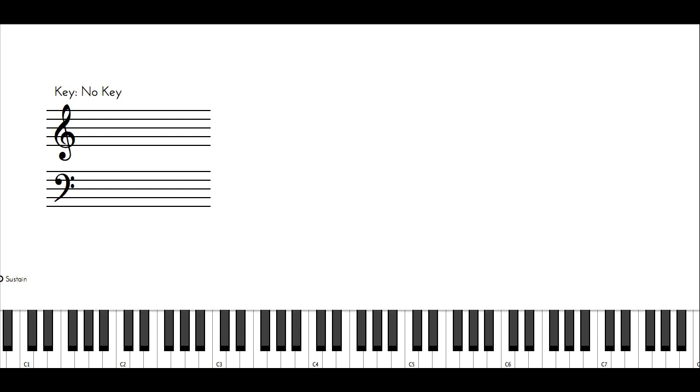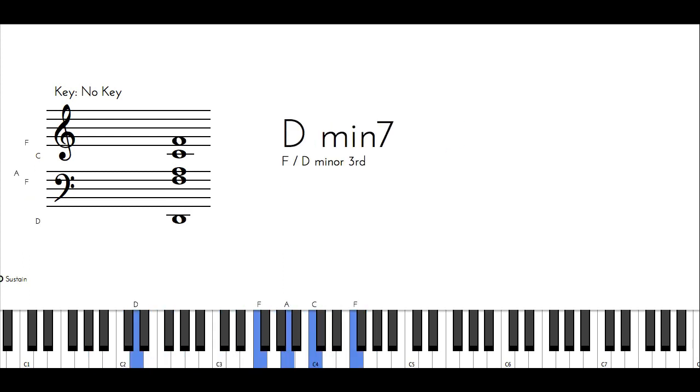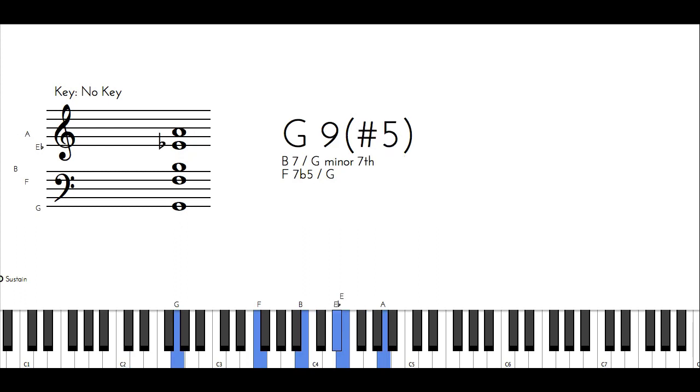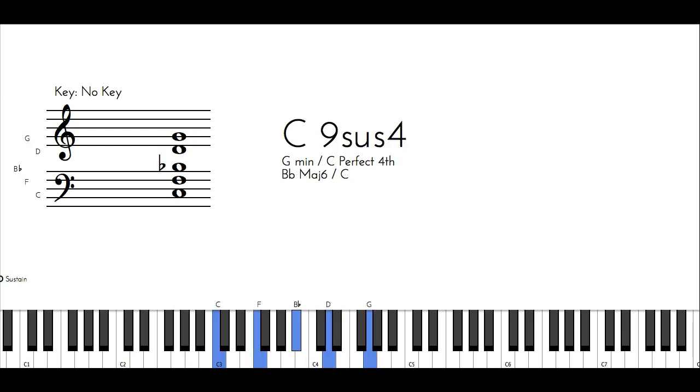So using the number system isn't necessarily going to tell you the kind of chord that it's going to be. Because here's an example. If I play the chord progression here, 1, 4, 3, 6, 2, 5, 1. But usually the 1 is major.